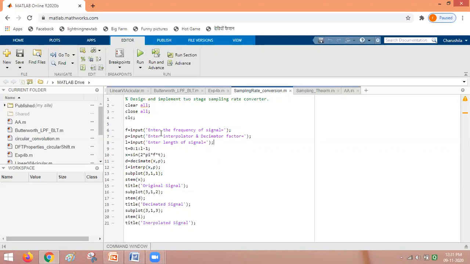Next, through the keyboard, from user we will accept some of the input parameters. So for that purpose, input is the inbuilt function used to accept inputs from user through keyboard. And whatever is the accepted value, that will be stored in these variables. So first statement is f equal to input, enter the frequency of signal.